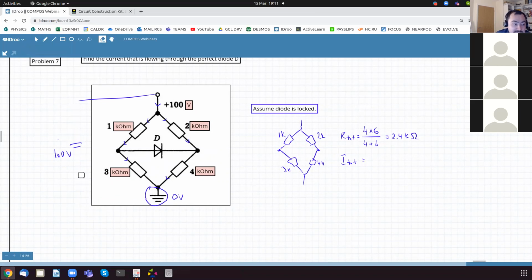This is just using potentials. The total current is equal to the EMF divided by our total, and that's equal to 100 volts divided by 2.4 times 10 to the 3.